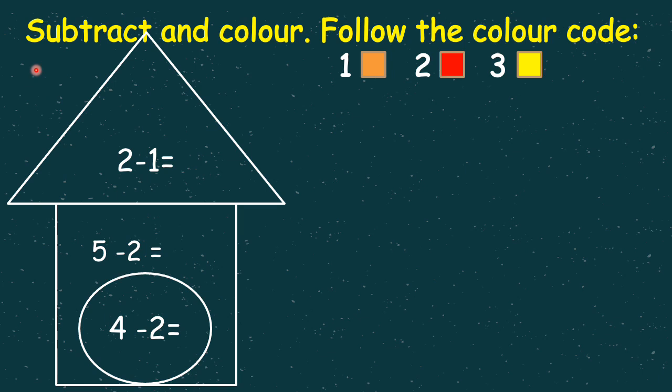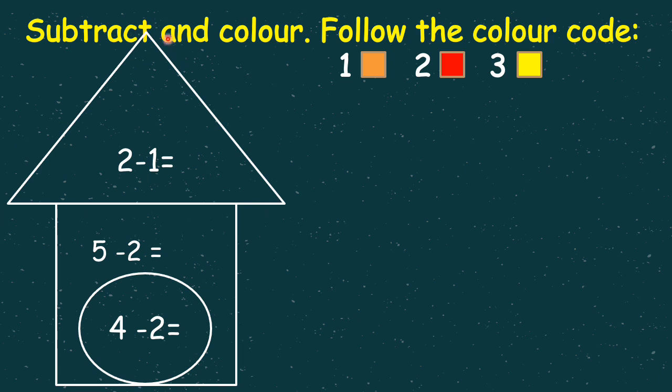Children, today we shall have some fun activity based on subtraction and coloring. So you get to do 2 interesting things today. You will be subtracting as well as coloring. But first we learn how to do it. Let us observe what is given here.